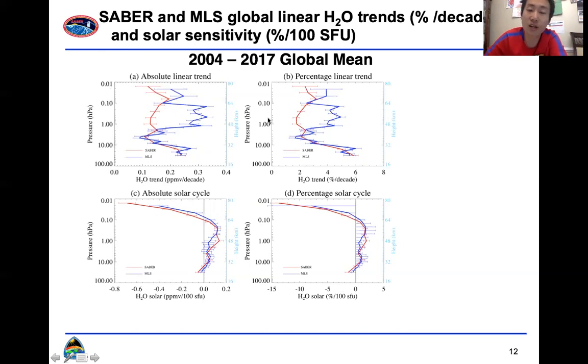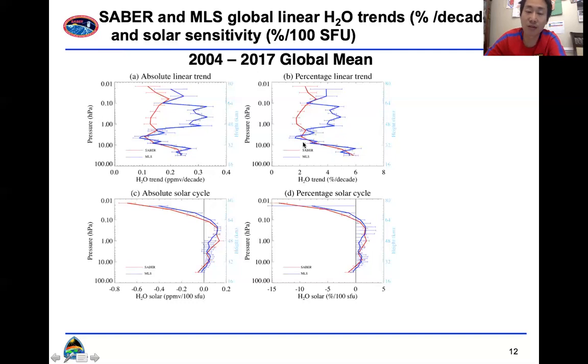Let's take a look at the percentage changes. The relative linear trend shows a very strong increase observed by both SABER and MLS in the lower stratosphere, reaching about 5 to 6% per decade.